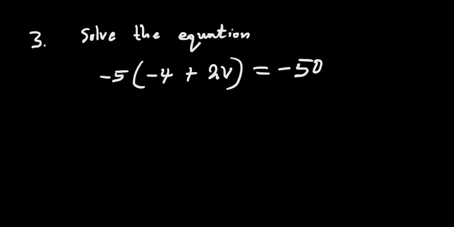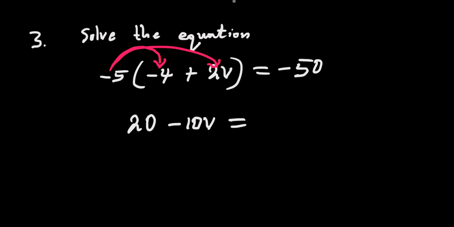So as usual, we can distribute negative 5 into the content of the parenthesis. So negative 5 times negative 4 will give us positive 20. And negative 5 times positive 2v will give us negative 10v equals negative 50.